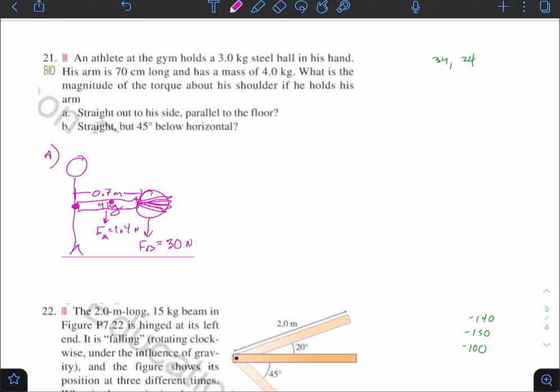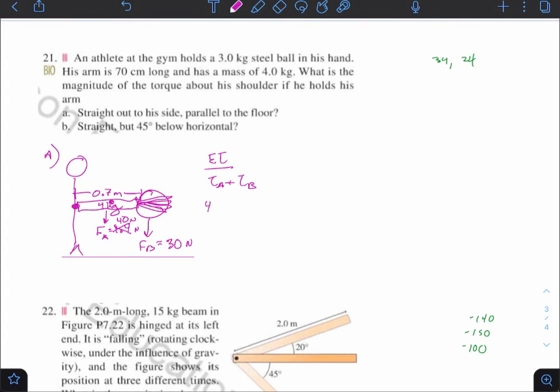So they're both at 30 newtons. So now let's find the total torque, which is going to be the torque of the arm plus the torque of the ball, which is going to be 1.4. Oh my goodness, I already did that. This should have been 40. Goodness gracious, I'm sorry, that's 40 newtons. I was jumping the gun.